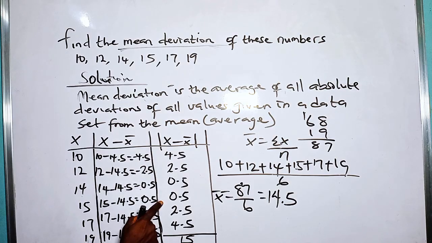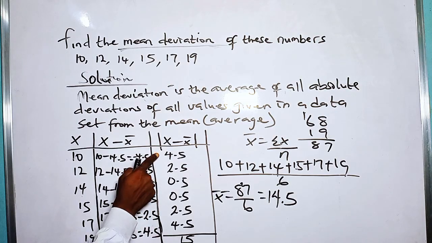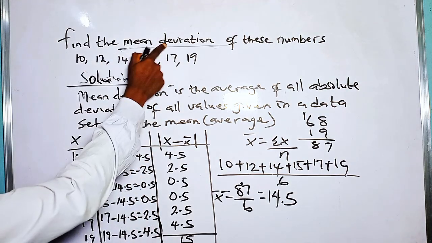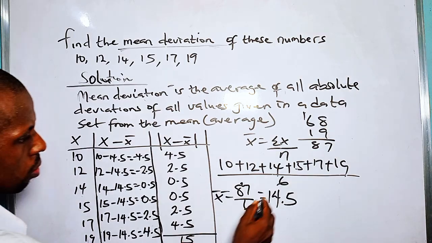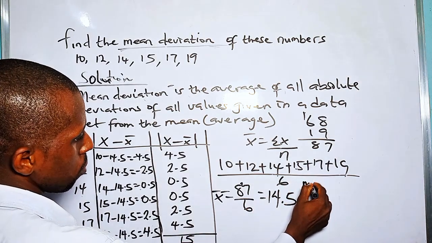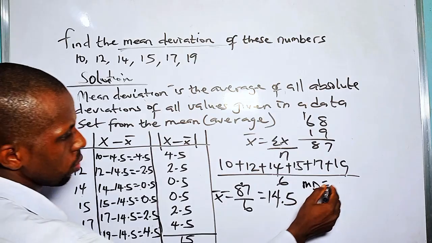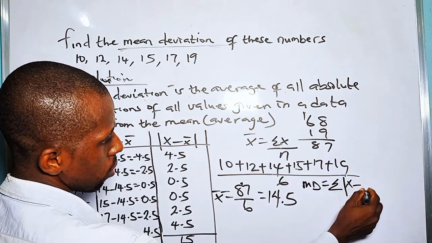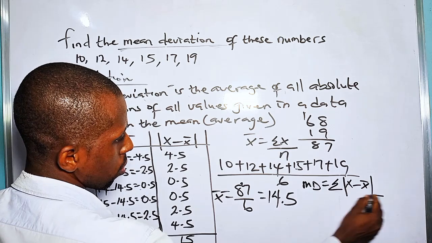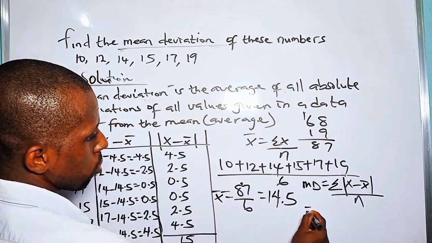What we do next is to determine the mean deviation, which is the average of all these absolute deviations in the given data. So what's the formula for the mean deviation? It is the summation of the absolute deviations divided by the number of items.